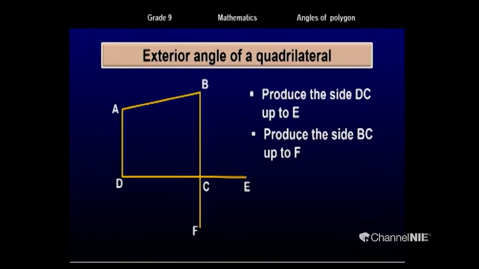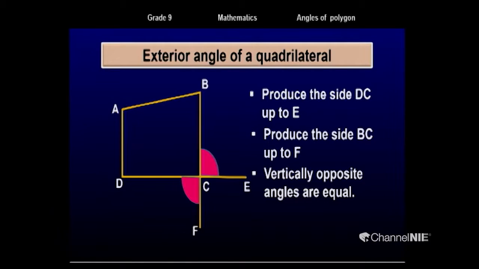What are the exterior angles? Yes, BCE and DCF. Those are vertically opposite angles, so they are equal. Here also ECF and BCD are equal, because BCD is the interior angle and they are vertically opposite angles.